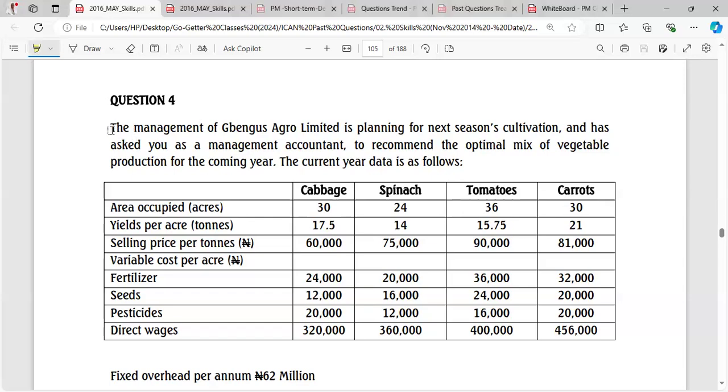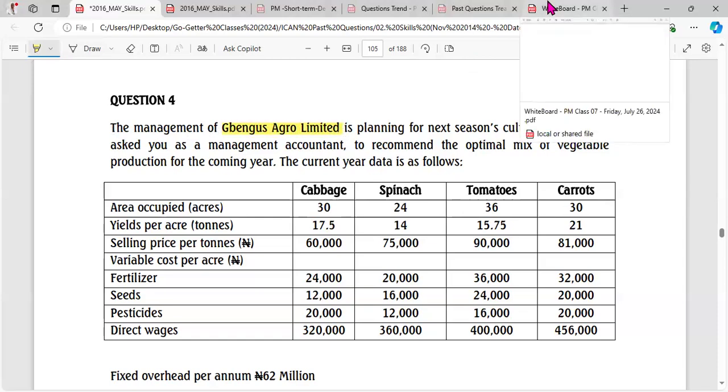Now, the management of Bengus Agro Limited, so that's the name of the company. I will go straight now and write it in my book.